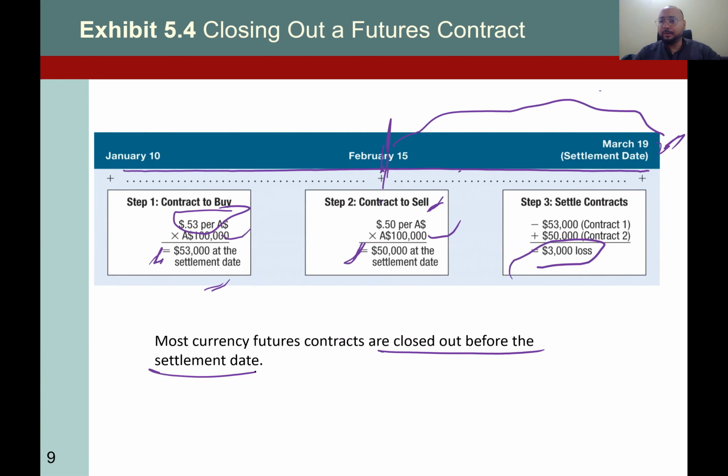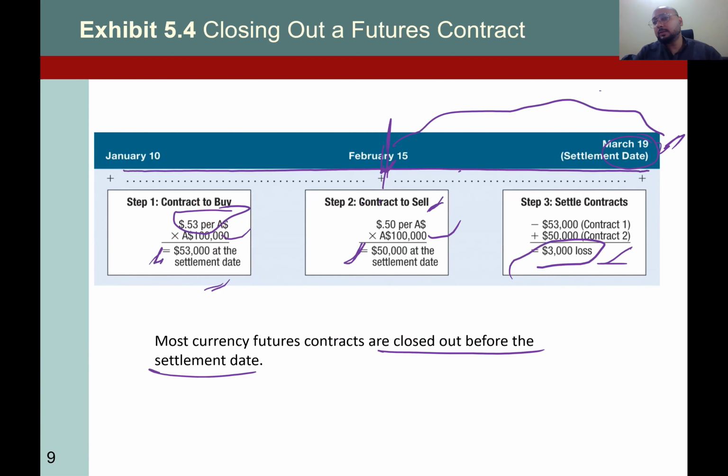Most currency future contracts are closed out before the settlement date, right? What does it mean? Whether you wait till March 19, your loss would be 3,000, or whether here on February 15 you want to close out your position, you can just contact the exchange and click on the button that you want to settle right now.